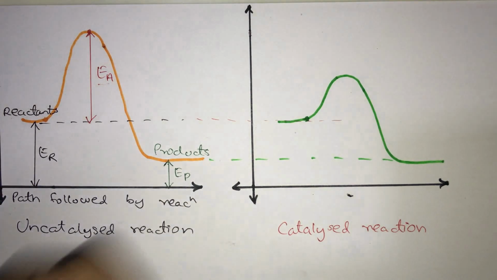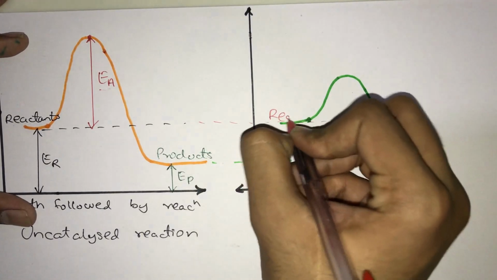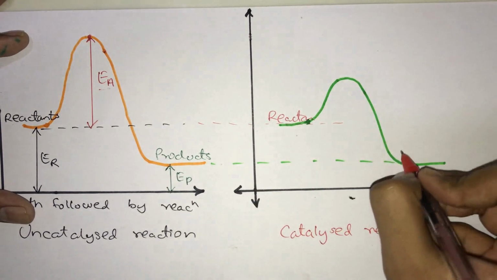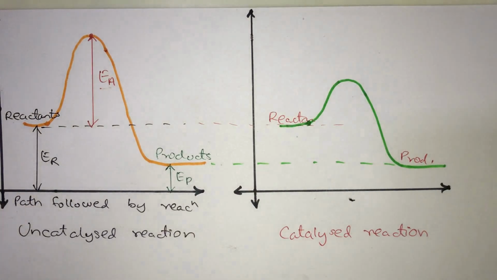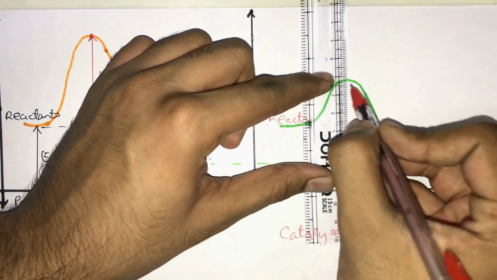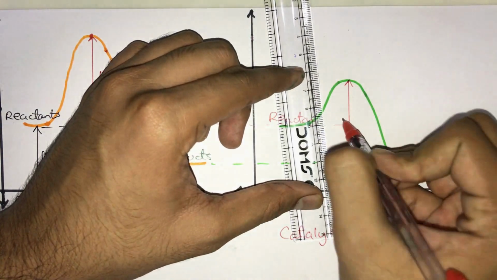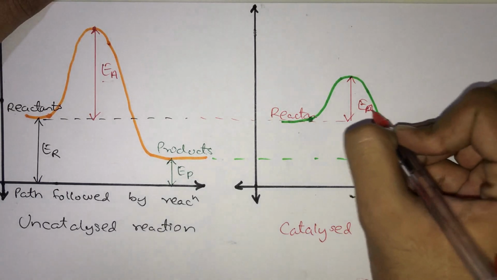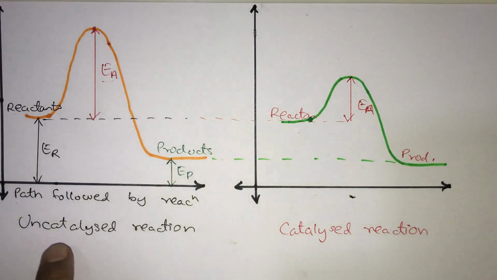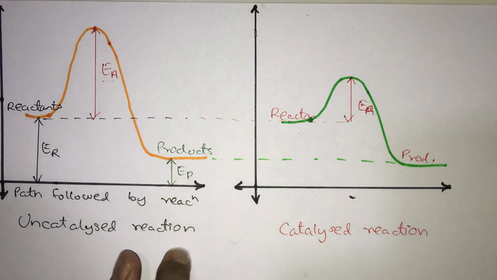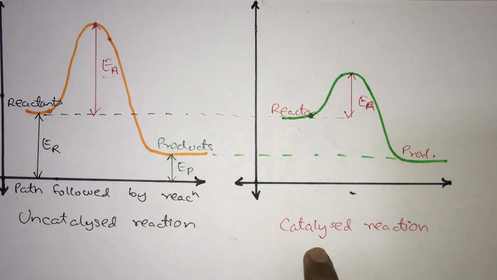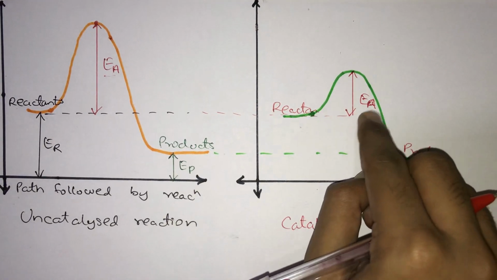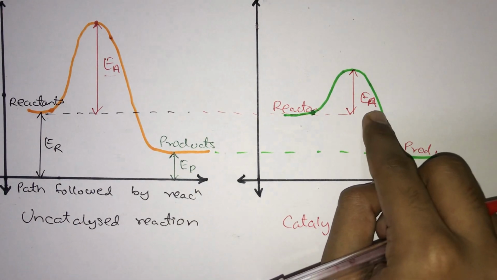So here are our reactants, here are our products, and now the activation energy required, the extra energy that the reactants require, is nothing but this much. So guys, can you all see over here that as compared to the uncatalyzed reaction, the path followed by the catalyzed reaction requires less amount of activation energy.